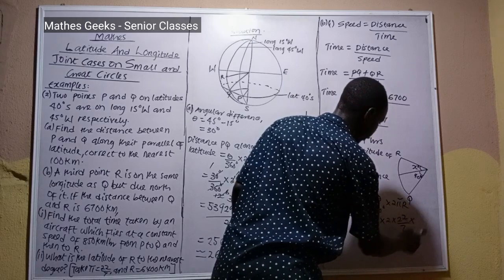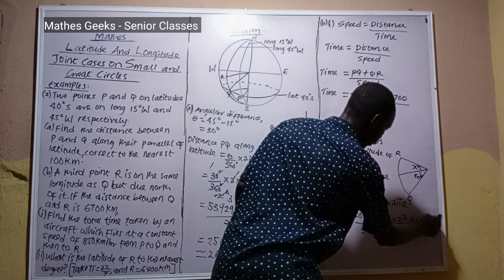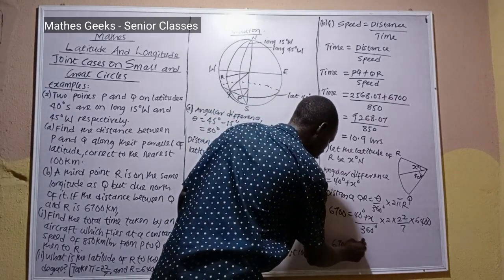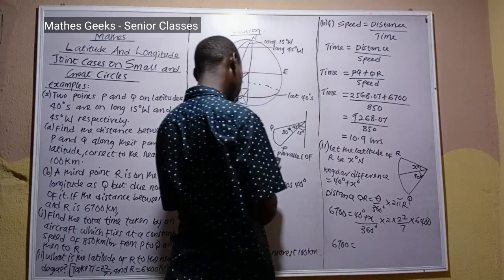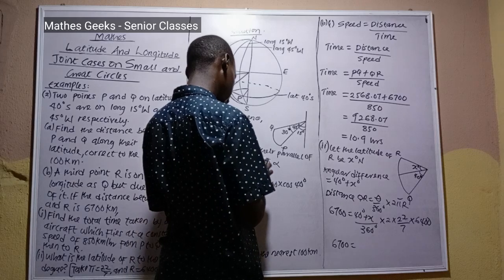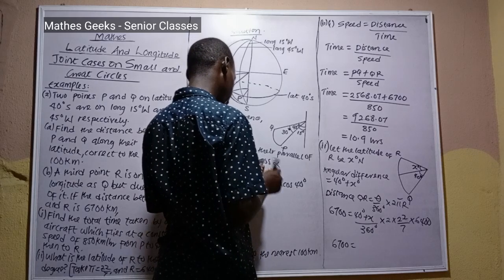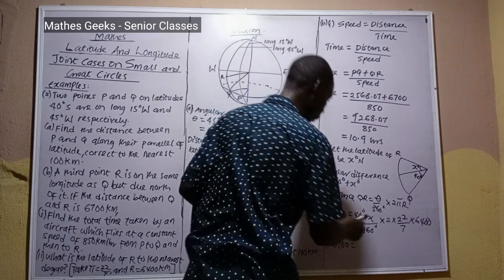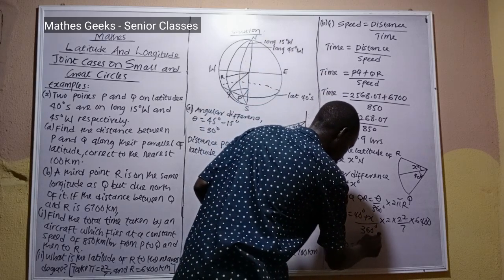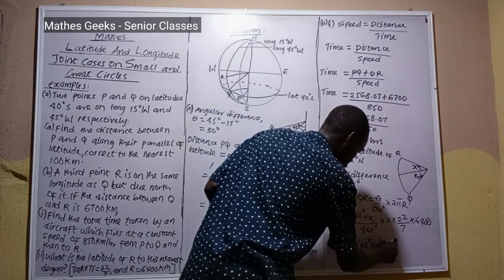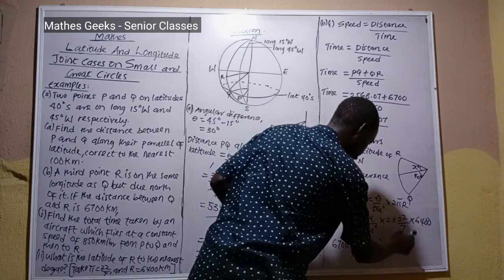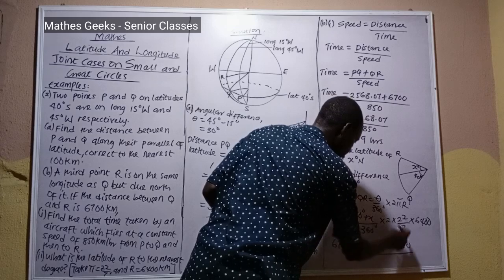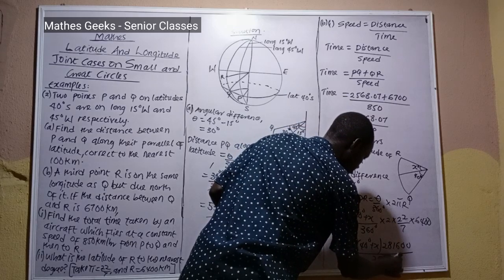over 7 times 6,400. This gives 6,700 equal to 2 times 22 times 6,400, which is 281,600, for 40 degrees plus x, over 360 degrees times 7, which gives 2,520.